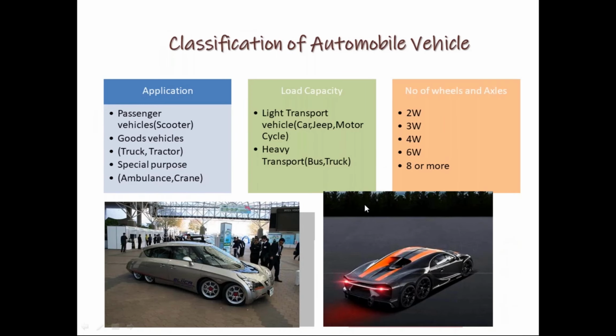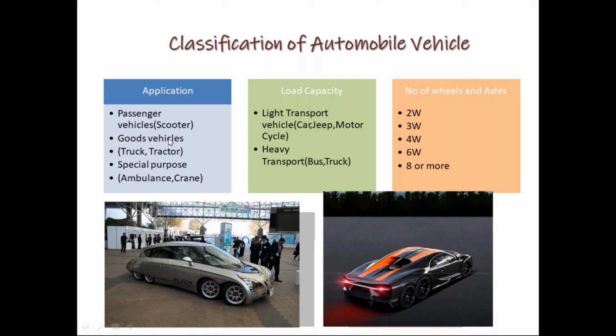Now, for today's lecture, we'll start with the basics of what an automobile consists of. Basically, how is an automobile vehicle classified? Based on application, we have passenger vehicles or goods vehicles on which goods are carried.